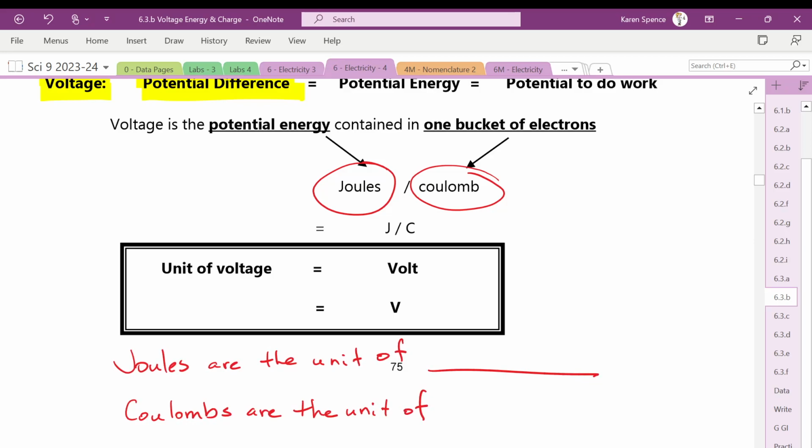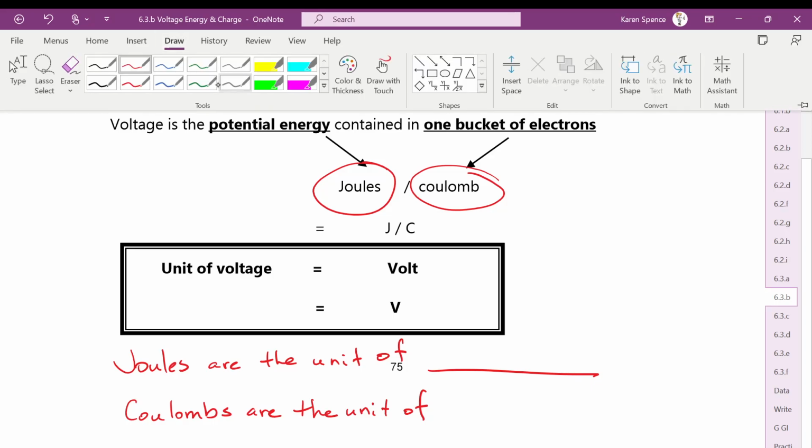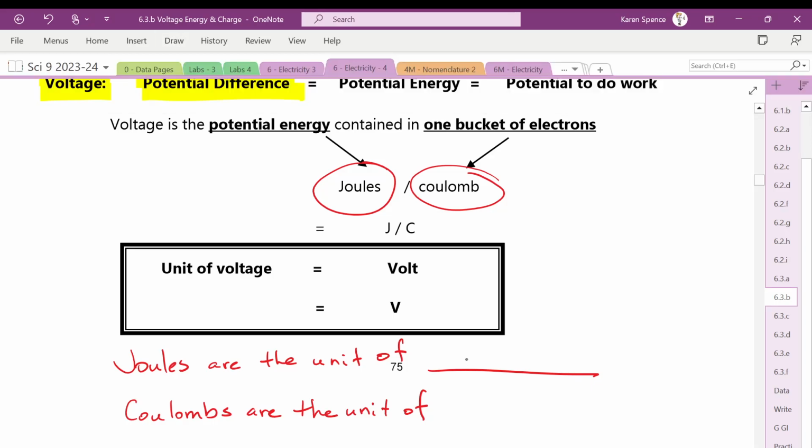So if it's potential energy, then we could just say it is energy. Okay, joules is the unit of energy. Do you remember the abbreviation for energy? E. That's a nice one, isn't it? Okay, and coulombs are the unit of charge.